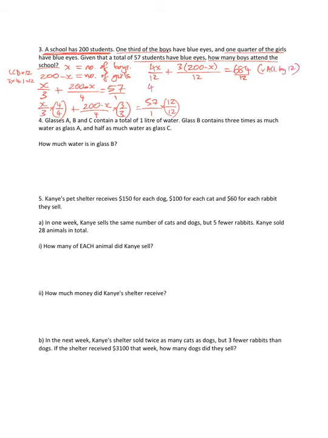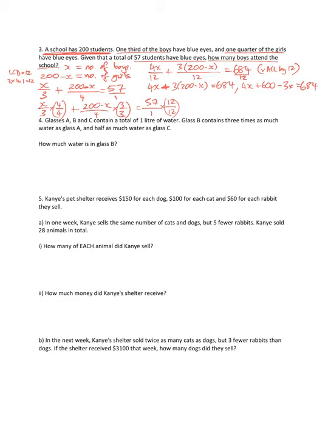The equation is now 4x plus 3 lots of 200 take x is equal to 684. Expand the brackets, you'll get 4x plus 600 take 3x is equal to 684. I want to get rid of the positive 600.